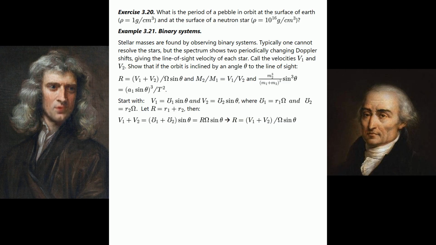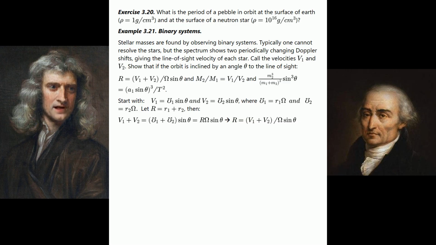Example 3.21. Binary systems. Stellar masses are found by observing binary systems. Typically one cannot resolve the stars, but the spectrum shows two periodically changing Doppler shifts, giving the line-of-sight velocity of each star. Call the velocities v₁ and v₂.